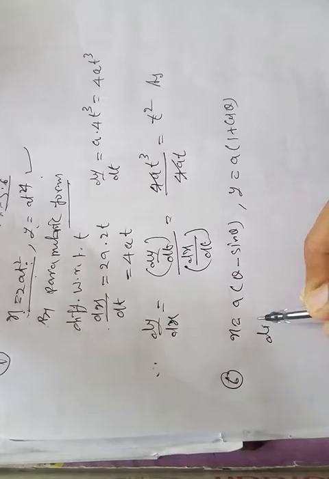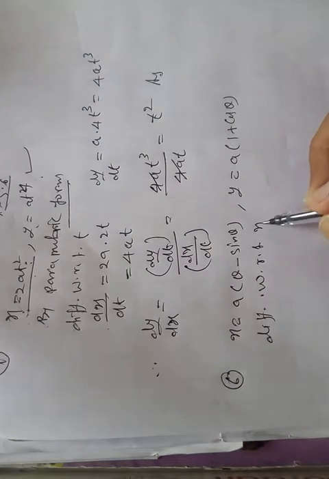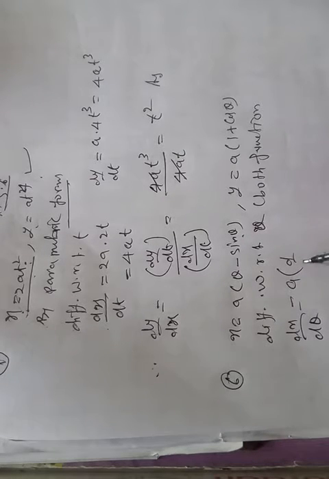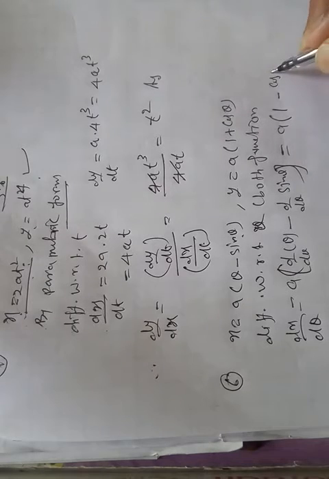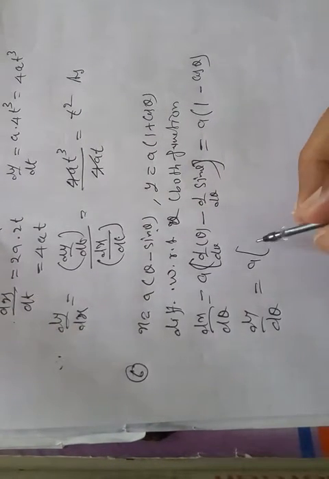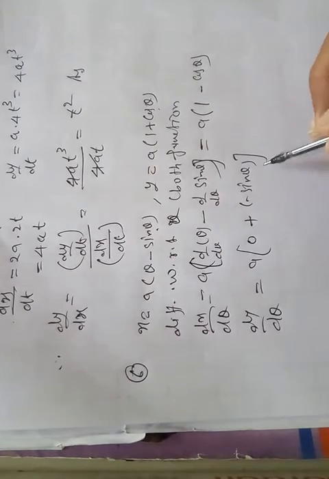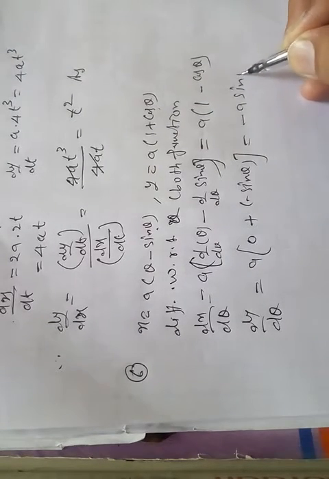Now differentiate both functions with respect to theta. dx/d theta: a is constant, so it is a times the derivative of theta minus the derivative of sine theta, which gives a(1 minus cos theta). And dy/d theta: a is constant, the derivative of 1 is 0, and the derivative of cos theta is minus sine theta, so it is minus a sine theta.